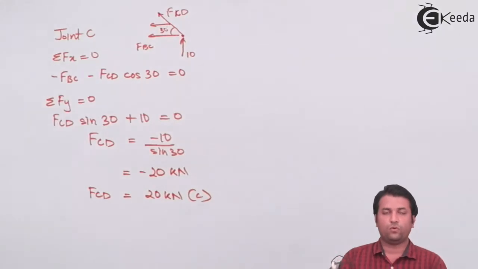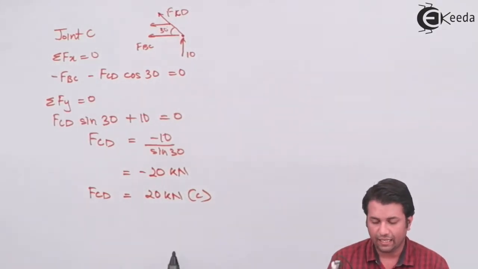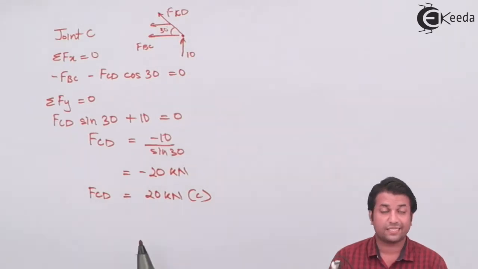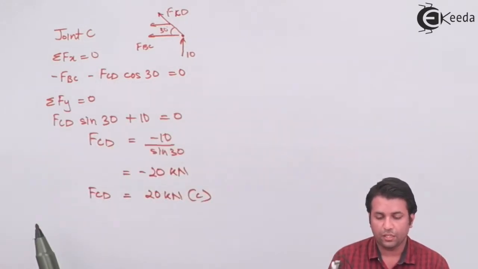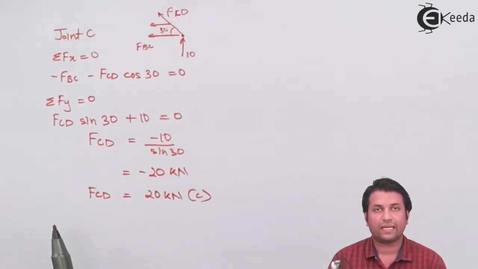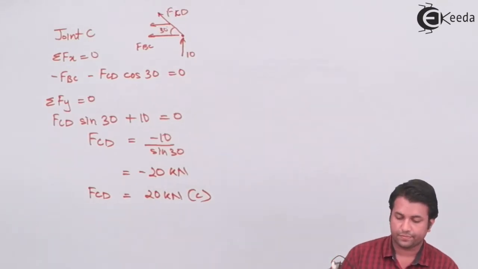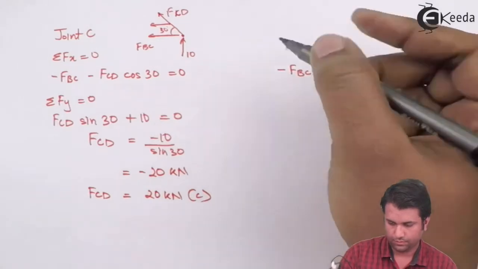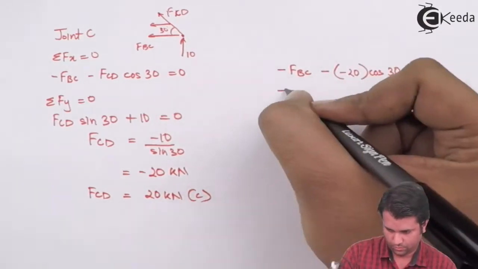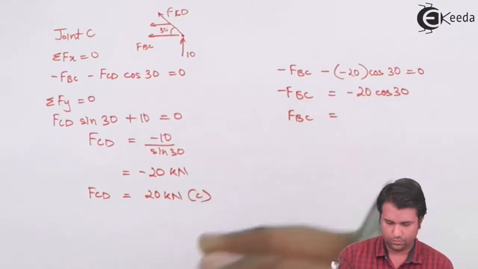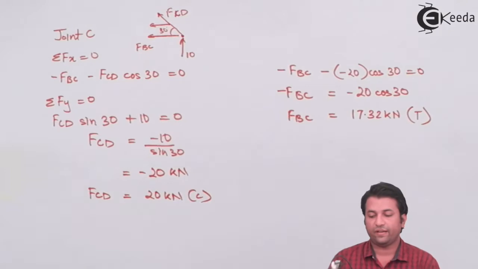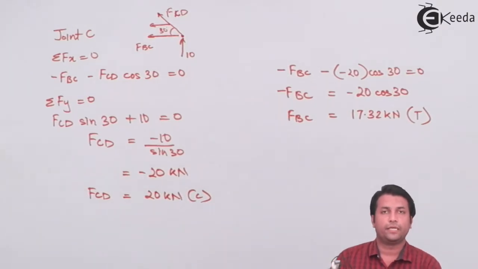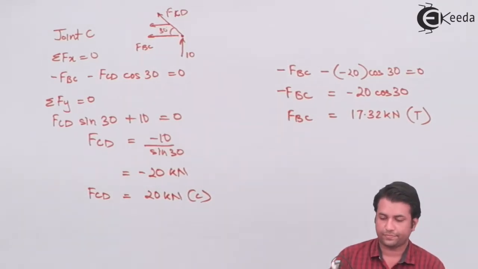So I got the value for the force in the member CD as 20 kilonewtons and since it is negative, the nature is compressive. Now I can take this value and put it in the equation for horizontal direction so that I can get the value for BC. I got the value as positive and that is 17.32 kilonewtons and that is tensile.